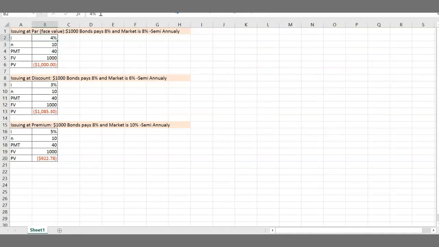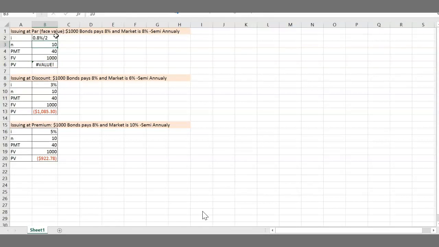So here I can say 8% divided by 2, 0.8 divided by 2. Let's see if it works like that.